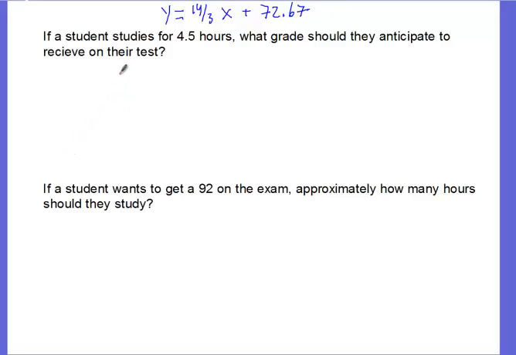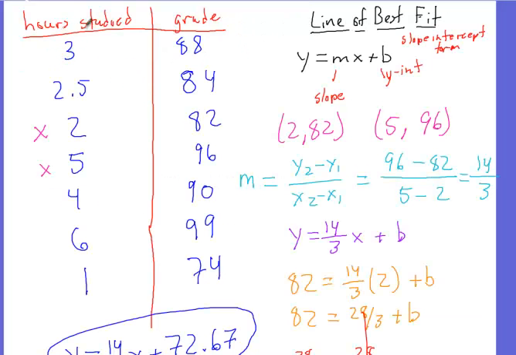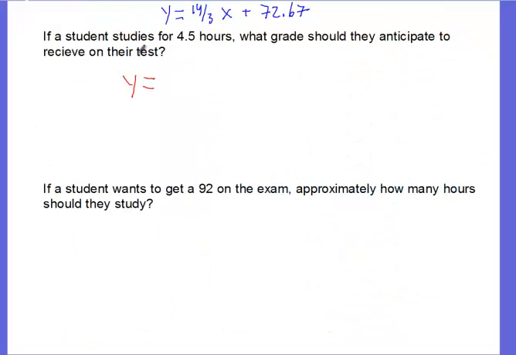If a student studies for 4.5 hours, what grade should they get? If you go back to our table, hours studied is our x variable. So all I'm going to do is substitute 4.5 in for x. So it's 14 over 3 times 4.5 plus 72.67.